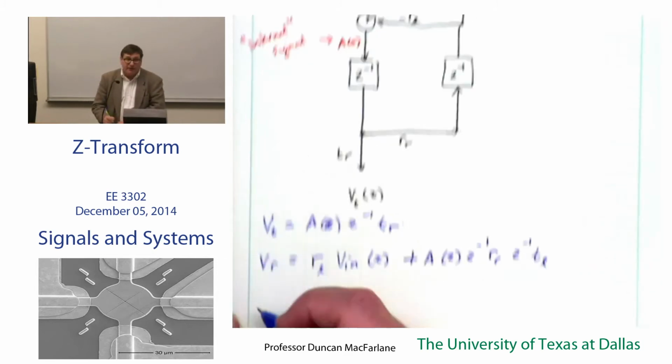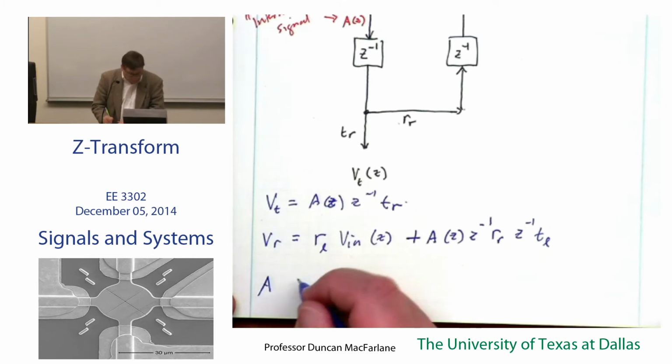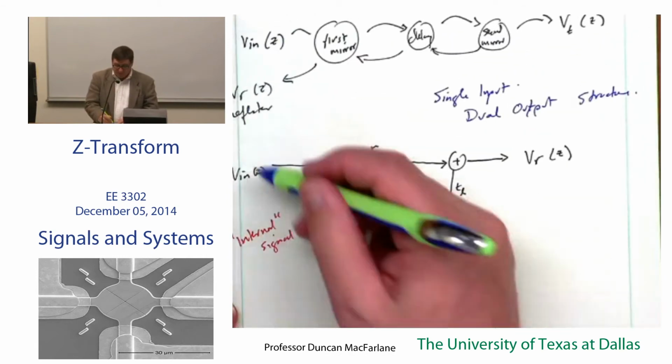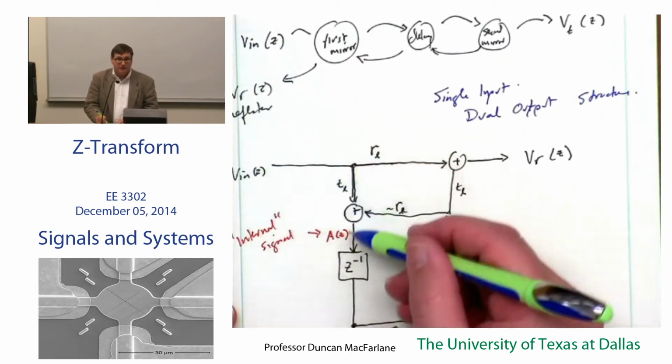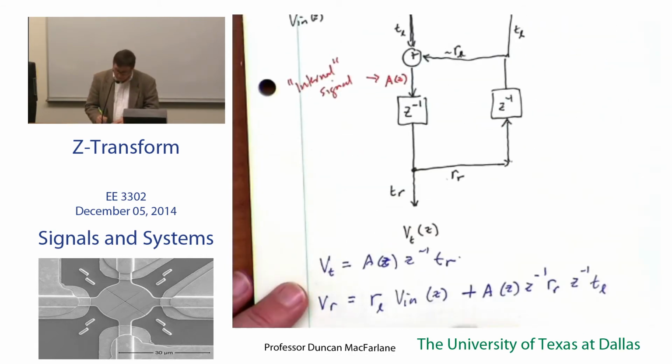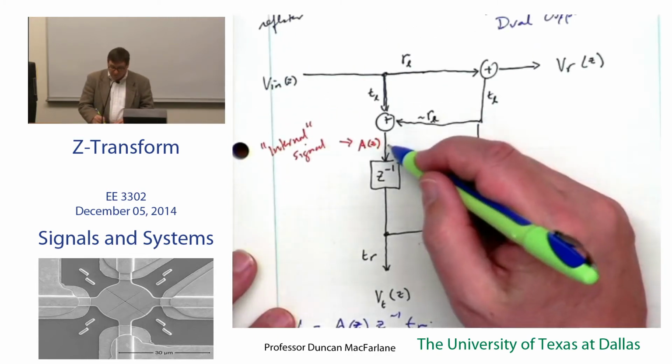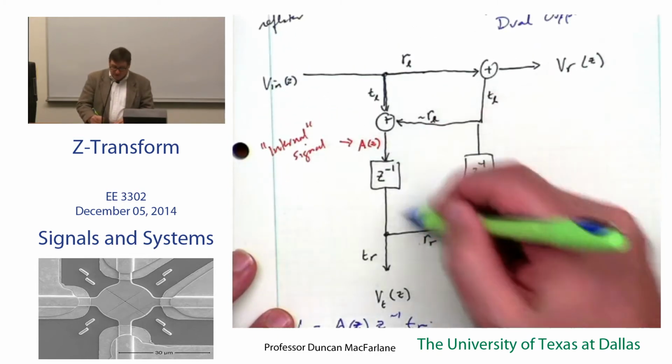And then my last equation is, what is A? Well, A is fed by Vn. So that's Vn of z times t left. And then it's also equal to what A was before, having gone around this loop.